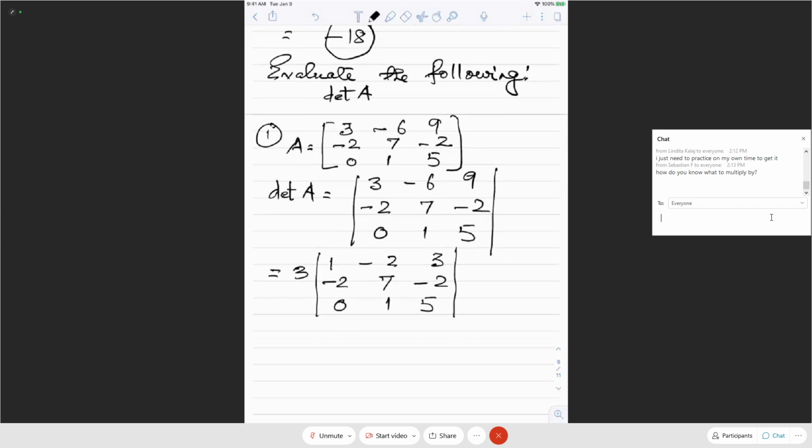Multiply the first row by 2 and add it to the second row. 2 minus 2, 0. Minus 2 times minus 2, minus 4 plus 7. I'm multiplying this by 2. 2 times 3, 6, minus 2, 4.